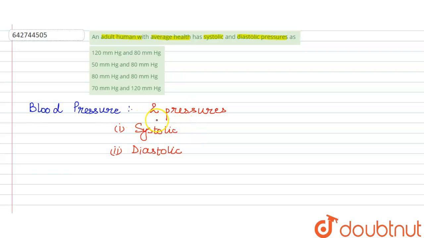So when we consider an adult human, the systolic blood pressure is basically the pressure when the heart contracts, when the muscles of the heart contract.